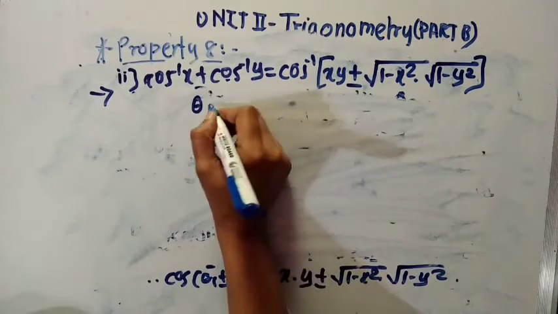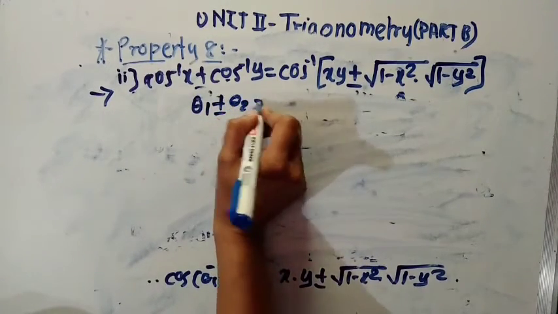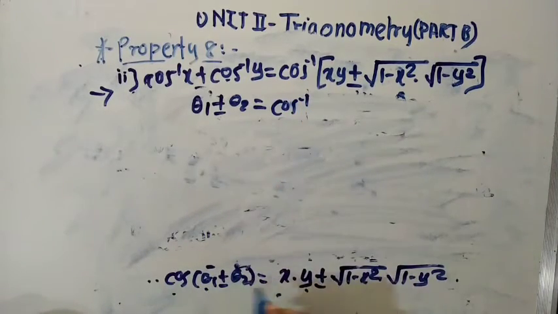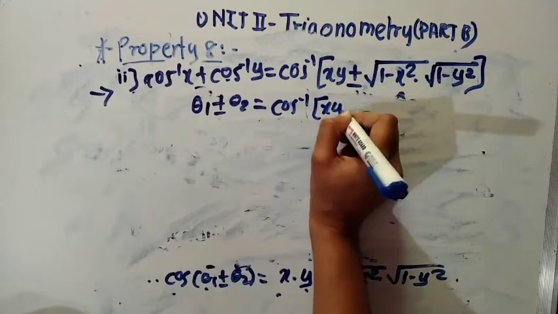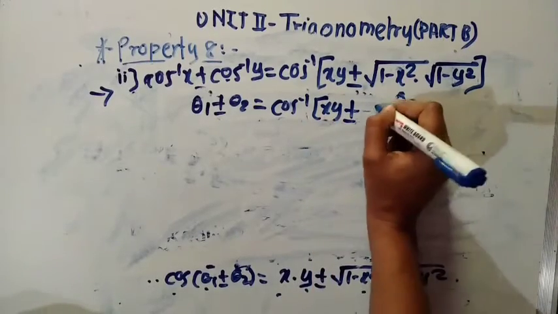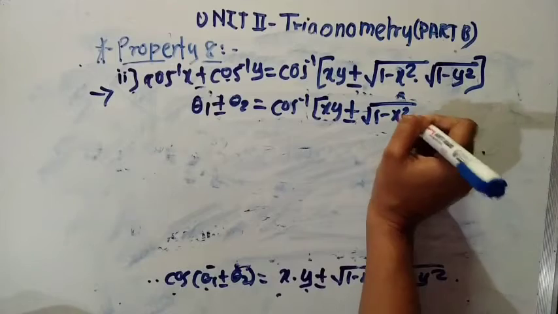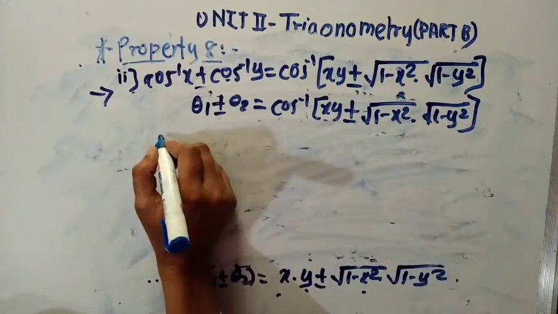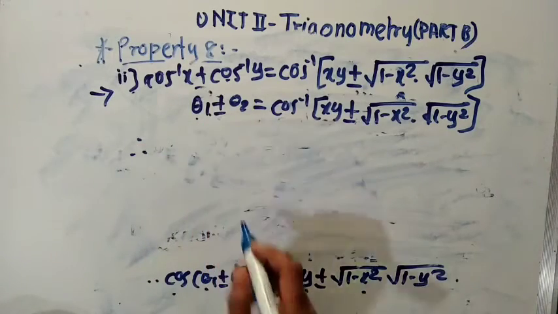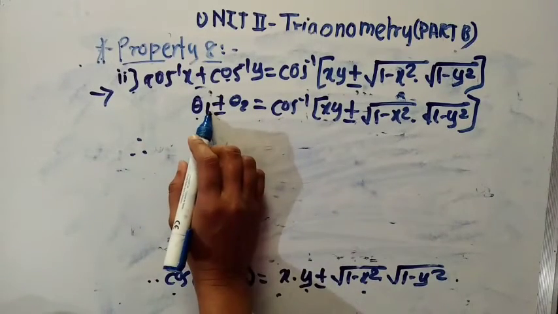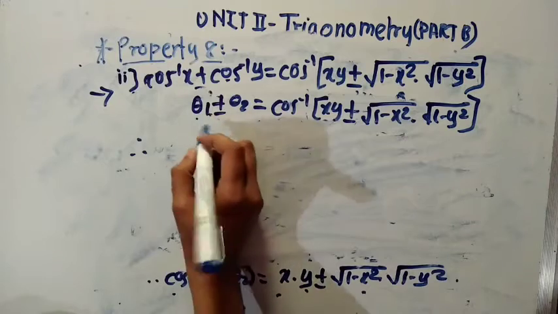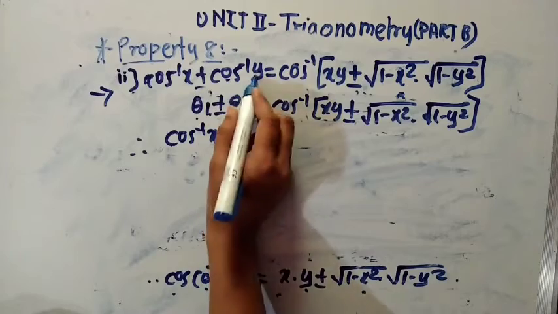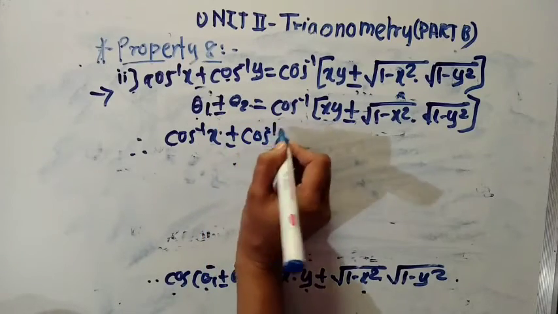Theta 1 plus or minus theta 2 is equal to cos inverse of x into y plus or minus root 1 minus x square into root 1 minus y square. But we consider theta 1 is equal to cos inverse of x and theta 2 is cos inverse of y.